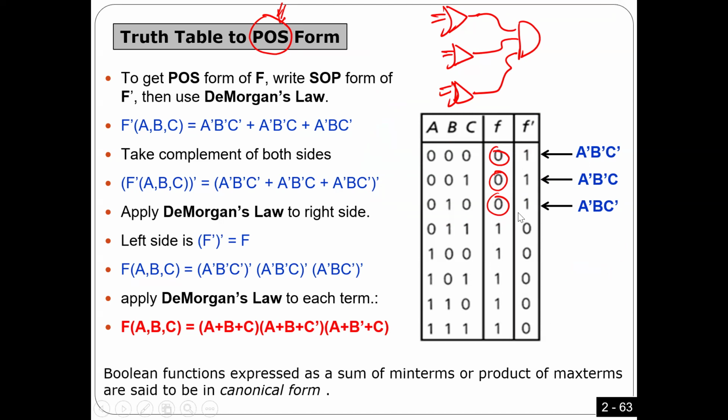The idea is, for every 0, not 1 here, for every 0, I have to make a function. Okay, but how am I going to make a function? For every 0, it's 1 term, and I have to express this term using OR. So how will you do it?